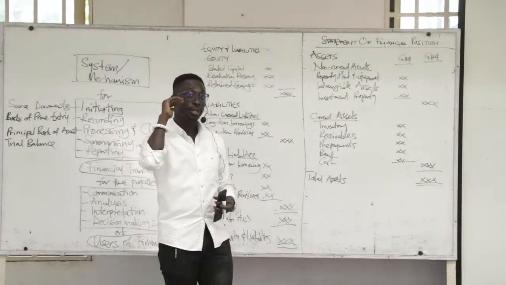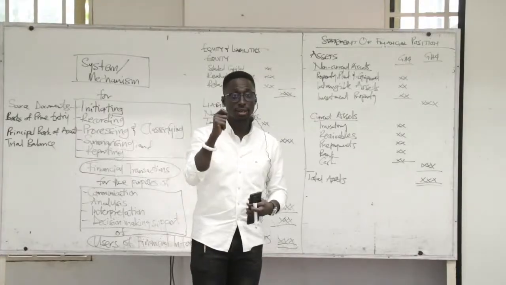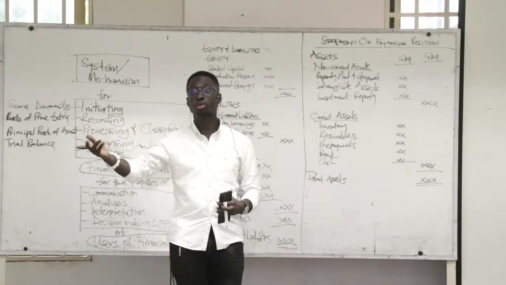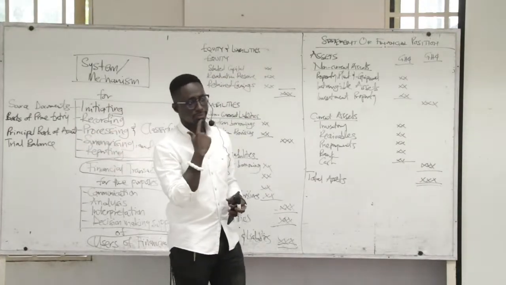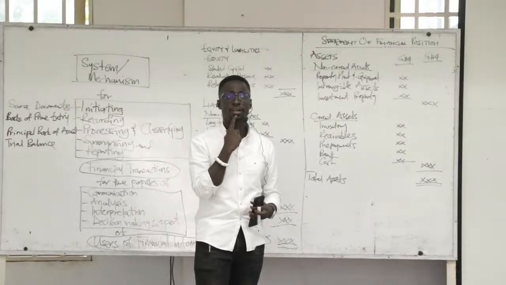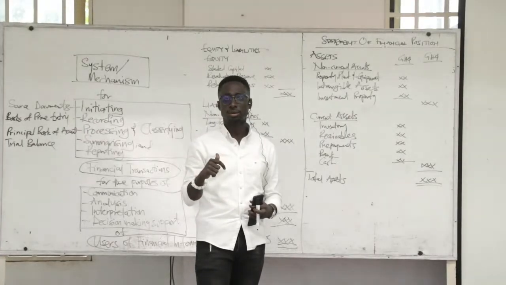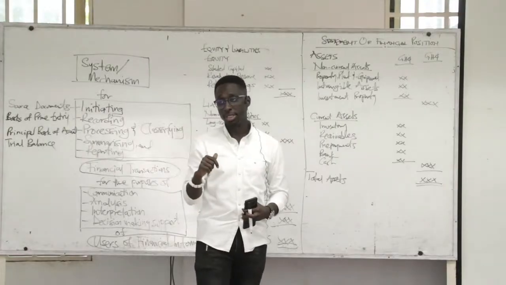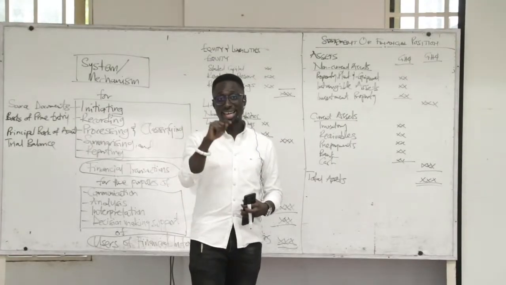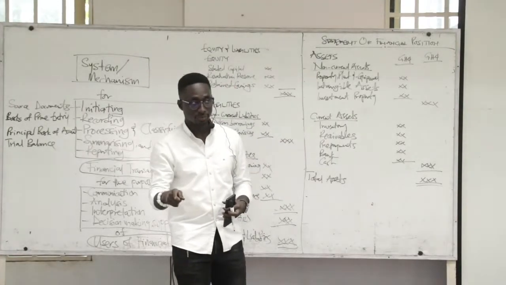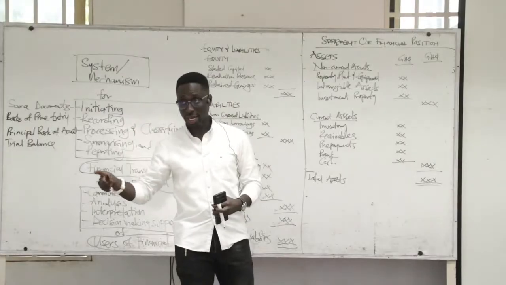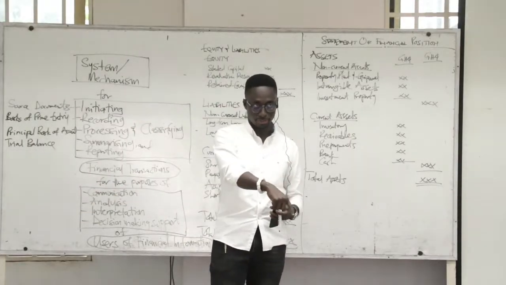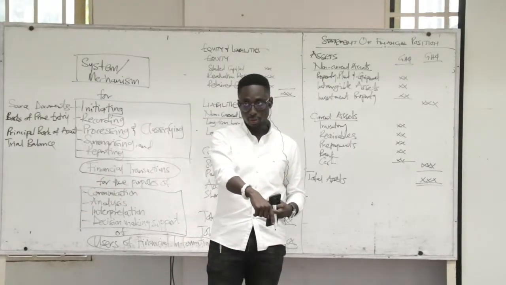Then you have issued shares, which is the value of shares issued out to shareholders. Then we have paid up shares. And the paid up shares are the issued shares for which the shareholders have made payments to the company. All right?